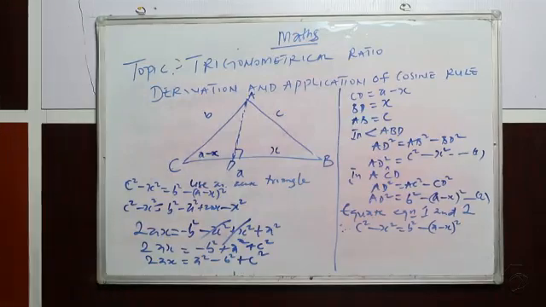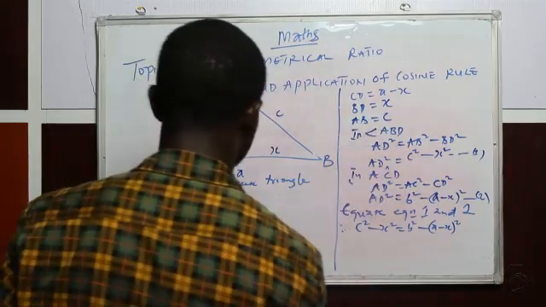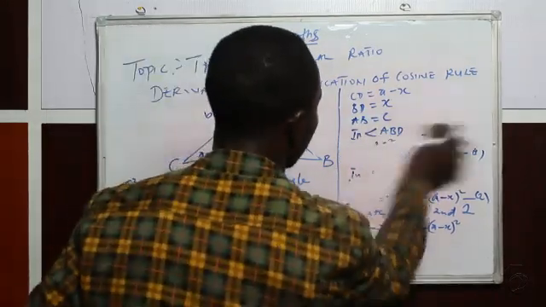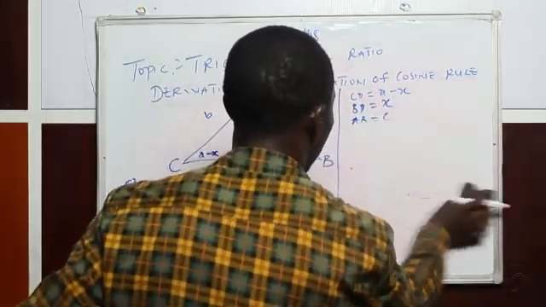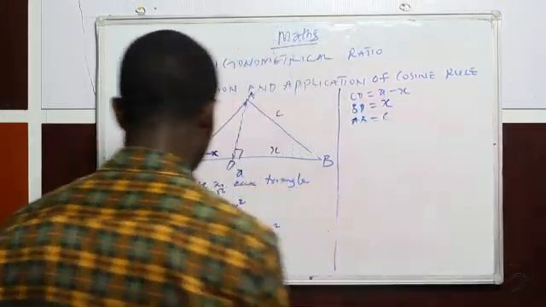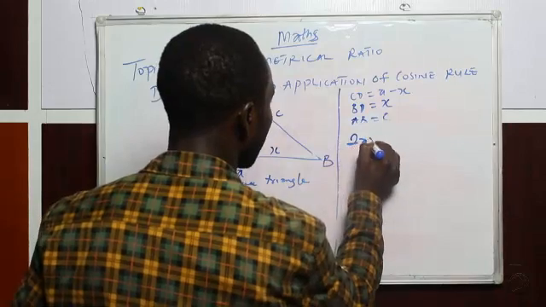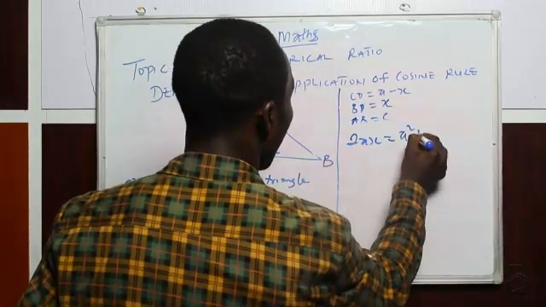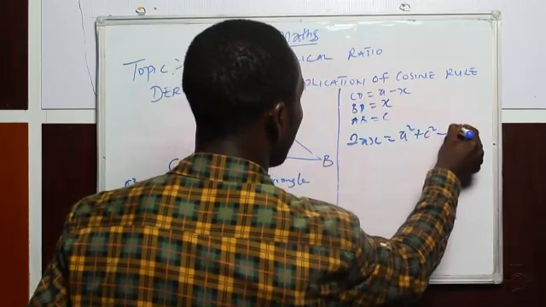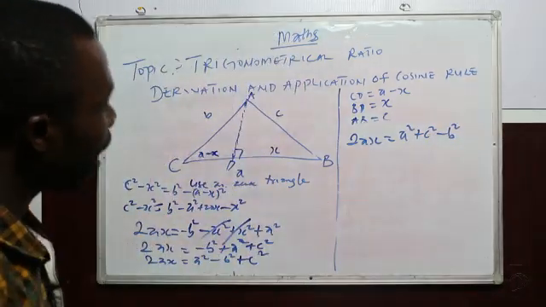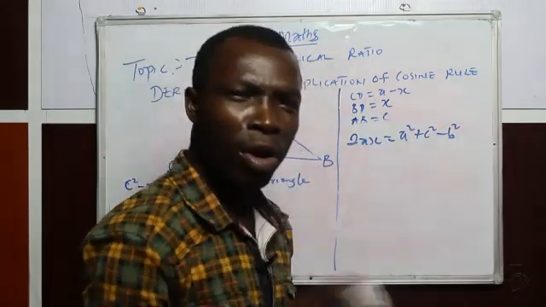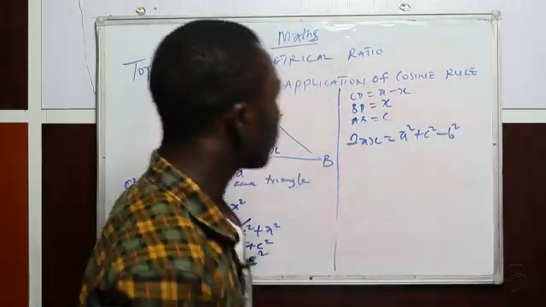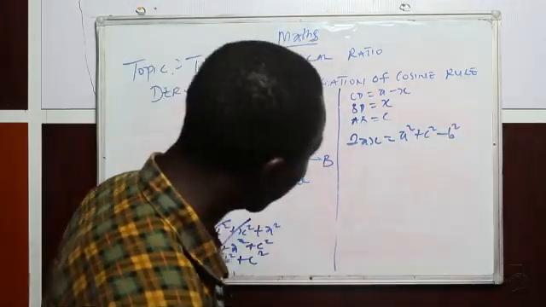It's very important because the c value is here, plus c squared. Let's continue from our proving. We now have 2ax equal to a squared plus c squared minus b squared.